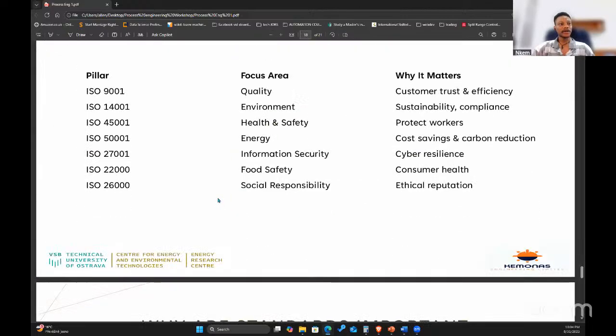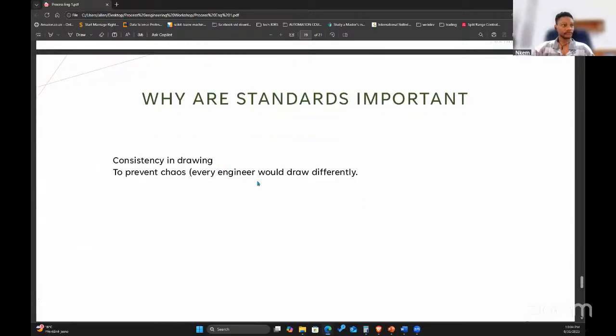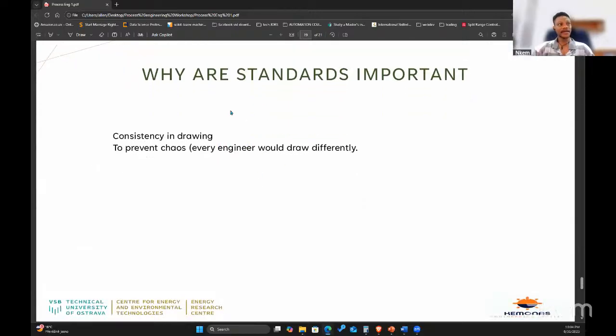So now going forward, I already said why these standards are important. First, consistency in drawing. The drawings need to be consistent, such that any engineer who goes from one site to another site, or you transfer your job, let's say you move from Shell to ExxonMobil, you still see whenever you see a valve, you know it's a valve. You see a vessel, you know that's a vessel.